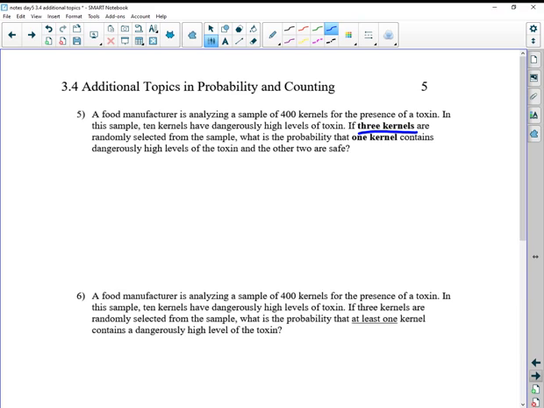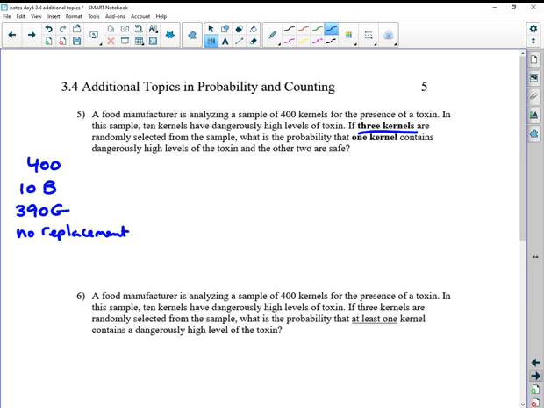So 2 ways to think about this. There are 400 kernels. There are 10 bad kernels and 390 good kernels. We have no replacement. So I'm going to be able to use either nPr or nCr, but is it permutations or combinations? Let's think.